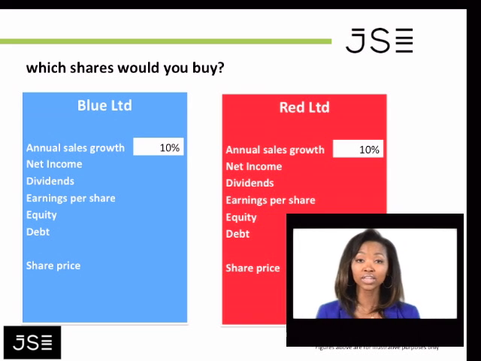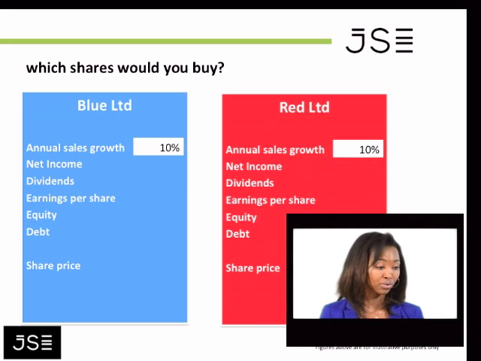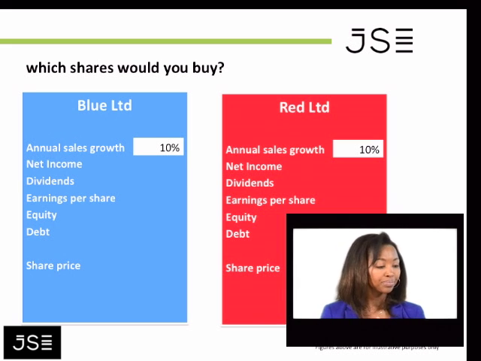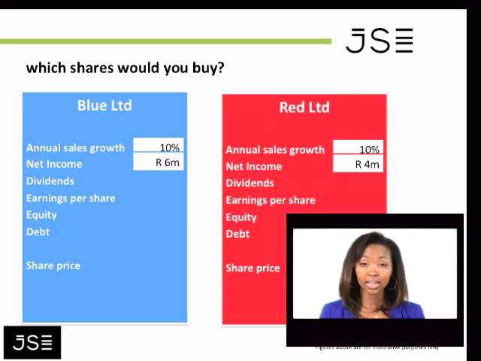In terms of the annual sales growth, both companies have a 10% growth rate, and we said that 5 to 10% is something positive. And then net income, the profit of the company: Blue Limited is making 6 million after tax, and Red Limited is making 4 million after tax.